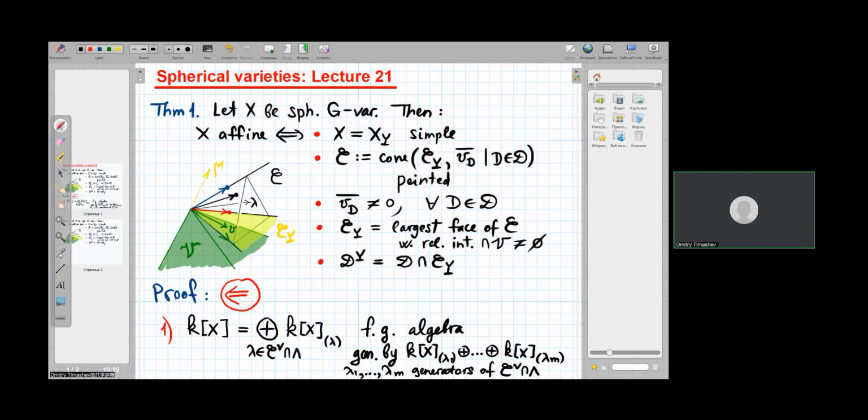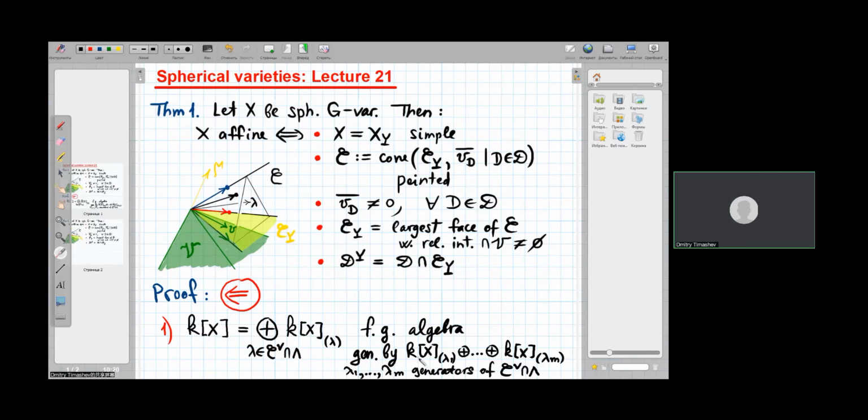And the claim that the irreducible G submodules corresponding to the generators generate this algebra, this is because from this direct sum, you can recover all highest weight vectors, because any highest weight vector whose weight belongs to this dual cone is a product of highest weight vectors with these weights to some non-negative powers.